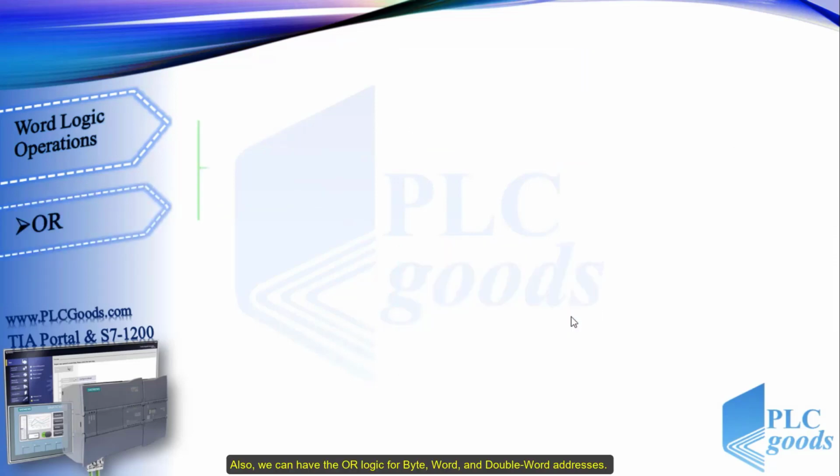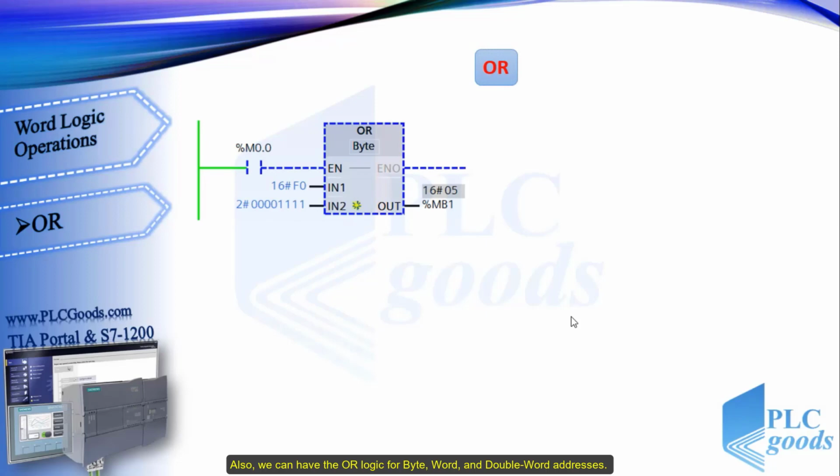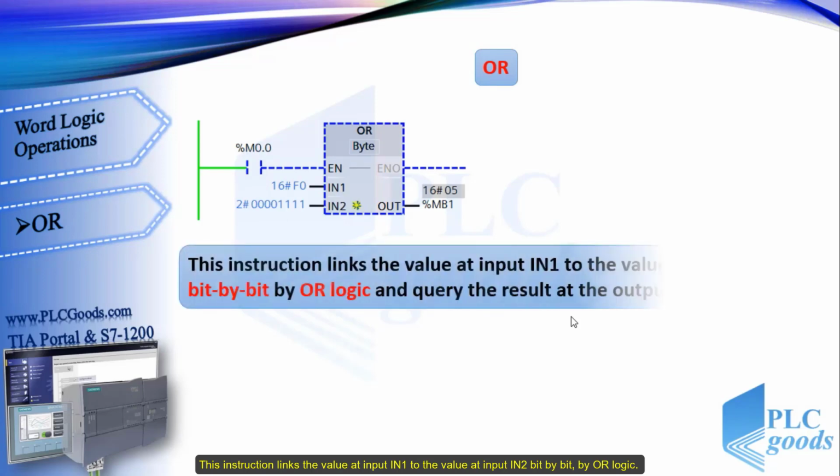Also, we can have the OR logic for byte, word, and double word addresses. This instruction links the value at input IN1 to the value at input IN2 bit by bit by OR logic.